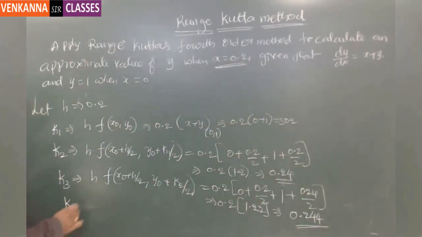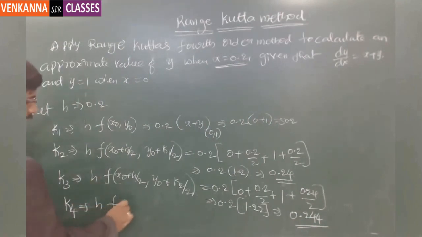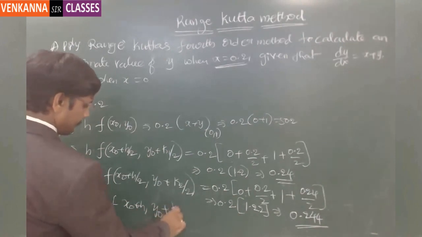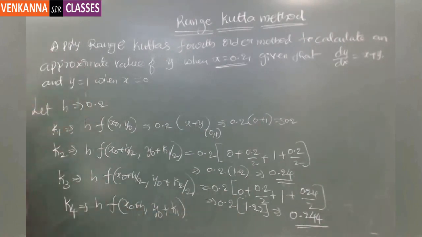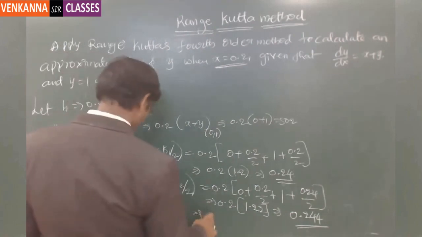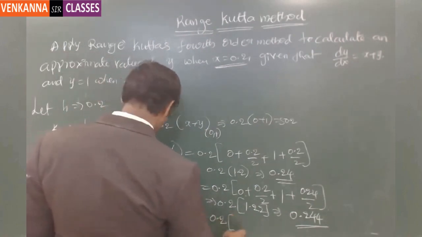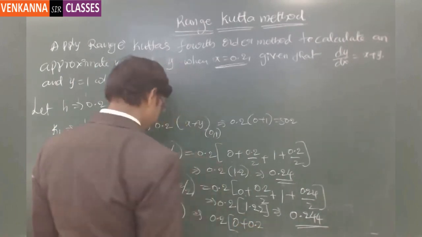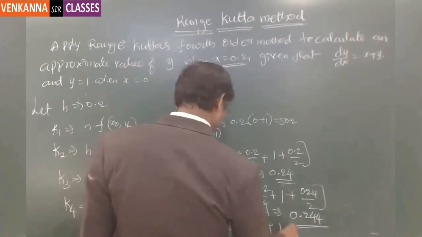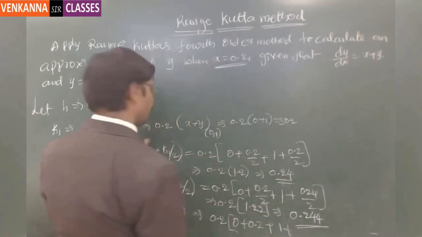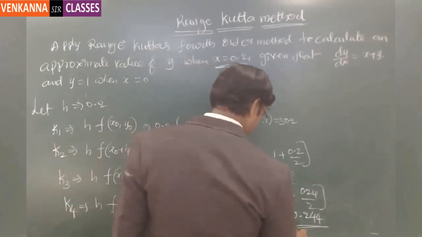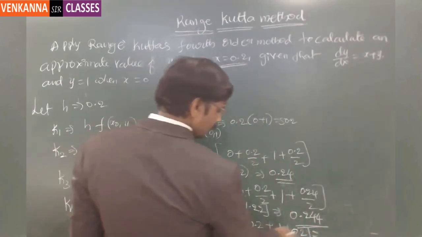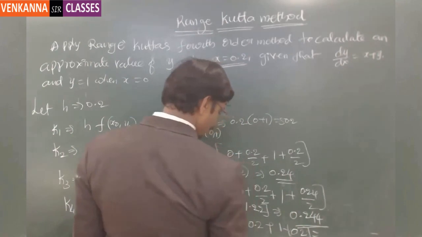Now K4 is h times f of x naught plus h and y naught plus k3. And this value is 0.2 times of x naught, which is 0, plus 0.2, plus y naught is 1 plus k3 as 0.244, so 1.2 plus 0.2.